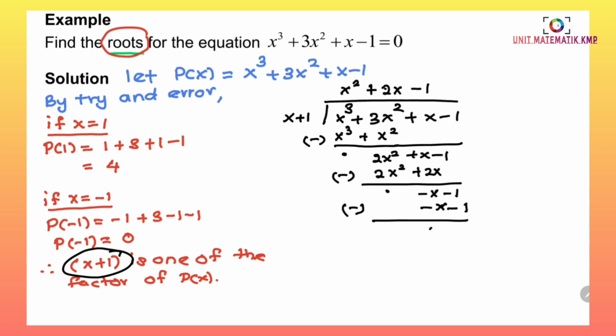So the remainder here is 0. And remember, after doing the long division procedure, we need to rewrite in general form.